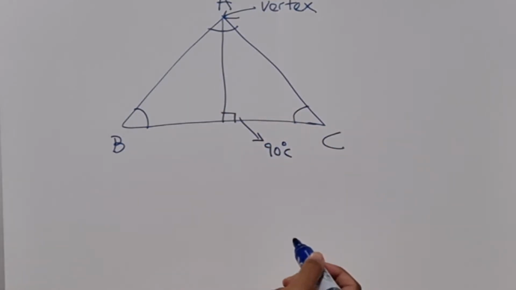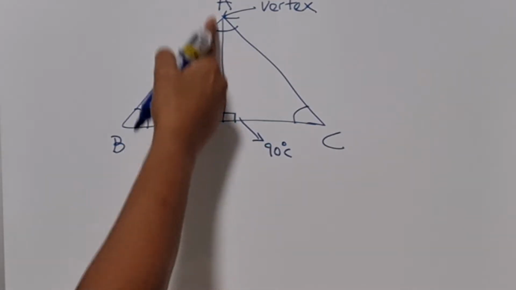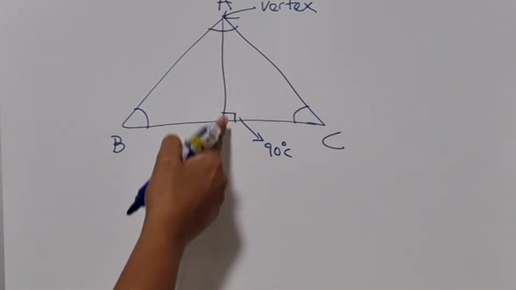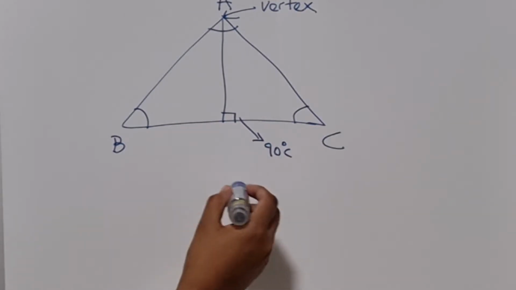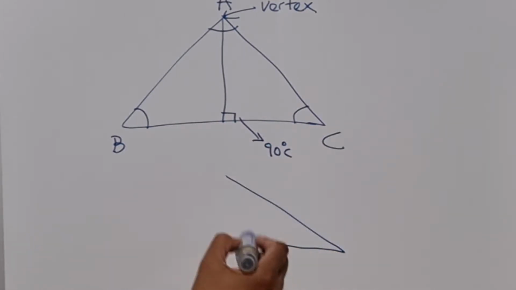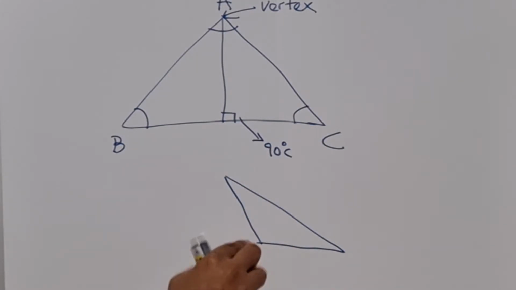So no matter how you draw your triangle, the line from the top that touches the base must be 90 degrees. So for example, let's say we draw this.